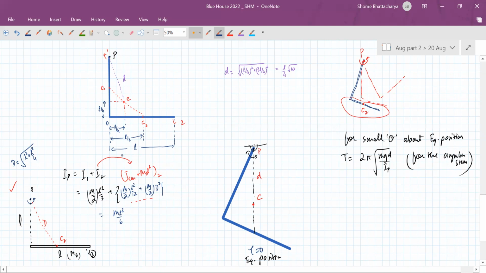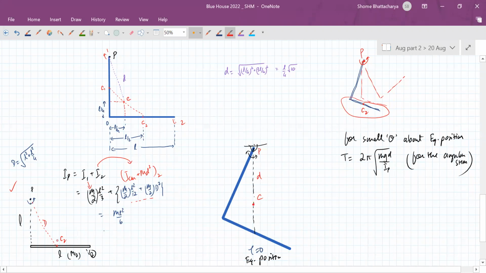Each of them are rods of mass m/2 and length L each. Now with respect to that point P, what is the situation of rod 1? Rod 1 is rotating about an axis which is passing through one end of it. So directly apply the formula ml square by 3, but its mass is not m, it's m/2. So rod 1's moment of inertia has come.